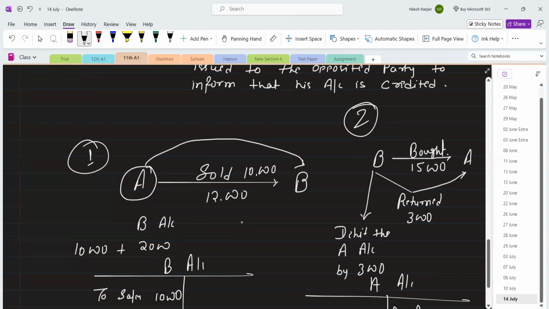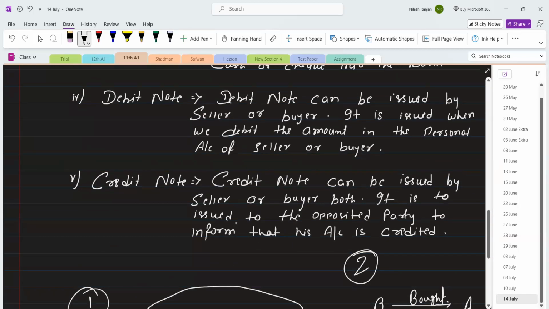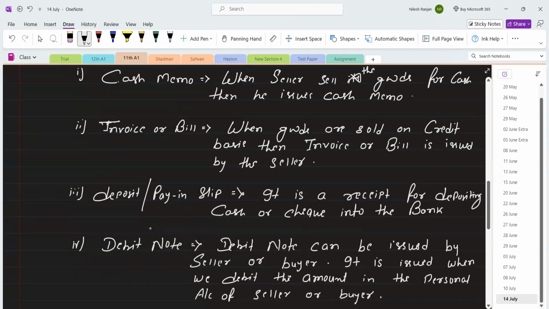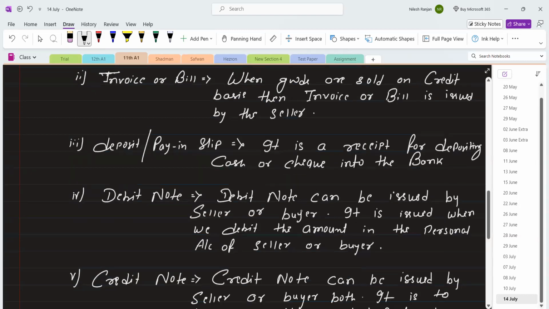Okay, sir. Now you have to remember all these, and debit and credit note especially, because this is the most important one in this chapter. So please remember what these things are. Try to understand. These things are very easy to understand if you have written this. Debit note can be issued by seller or buyer. It is issued when we debit the amount in the personal account of seller or buyer. Means when we deduct the amount.